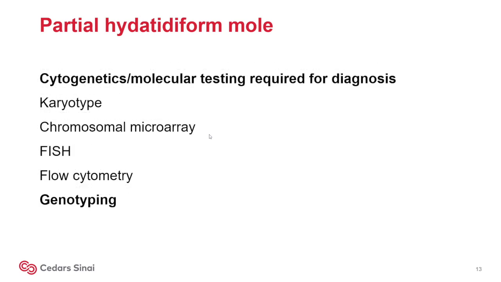Because it is so challenging to differentiate dysmorphic villi of other chromosomal abnormalities from partial moles, it is important to use ancillary tests that can be based either on cytogenetic analysis or molecular testing. You can use any of these modalities that I'm showing here.